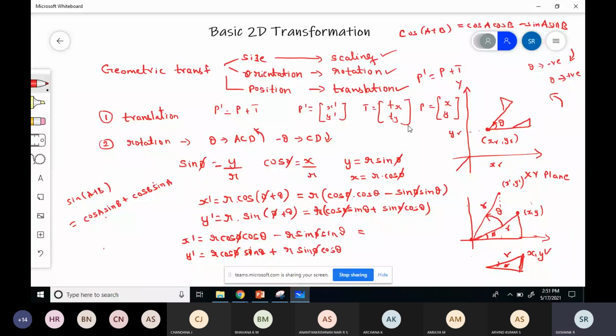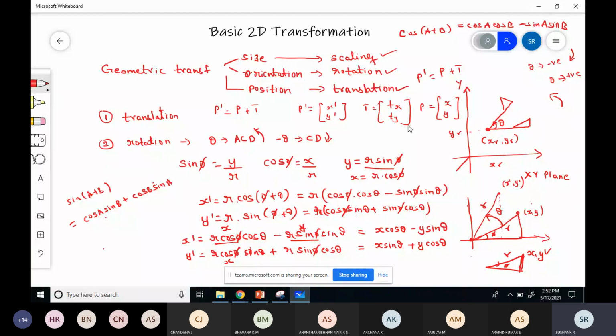Wherever r sin phi is there, I'll replace it with y, and wherever r cos phi is there, I'll replace that with x. So this will become x cos theta minus y sin theta, and x sin theta plus y cos theta. So this is the simplified formula.